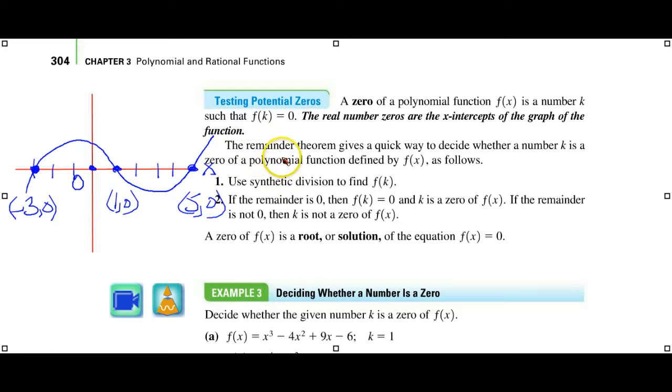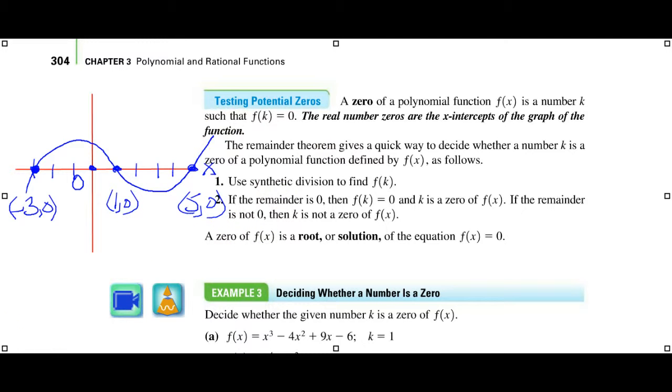Well, they're going to give us a value for x, and we're going to put that into our equation. If the remainder, when we do that, is 0, we have found a 0. It's kind of fun. It's like a little scavenger hunt here, but with algebra.